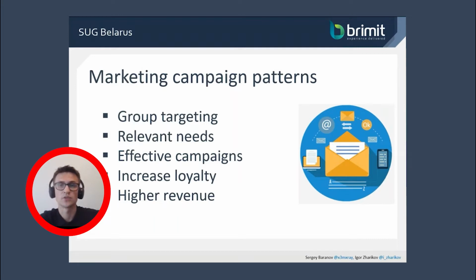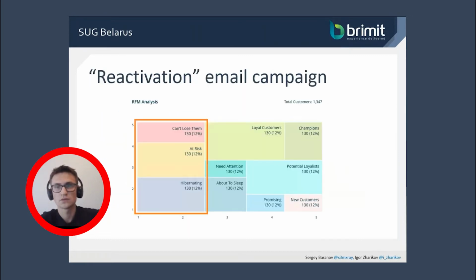And with one-to-one personalized mail marketing, we can help users move from a worse segment to a better one. So for example, from need attention to loyal customers or to champions to increase their loyalty and of course get higher revenue. So let's take a look at a few email campaign examples which target different user groups.